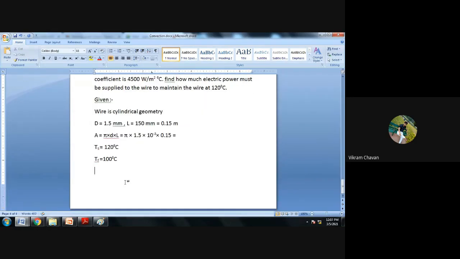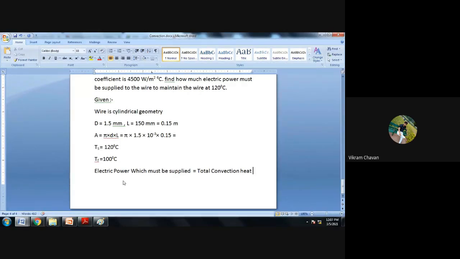Then further, we have to determine the power supplied to the wire. For that case, we can say that the electric power which must be supplied is equal to the total convection heat loss.